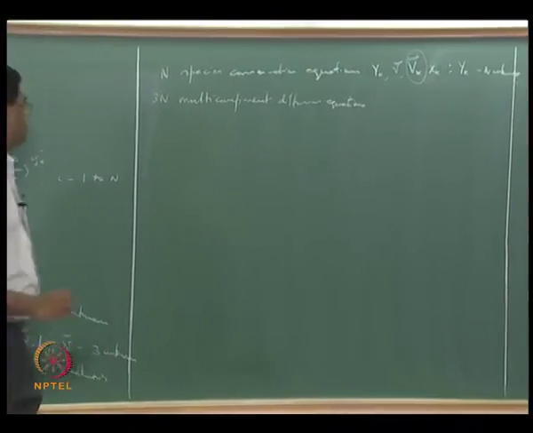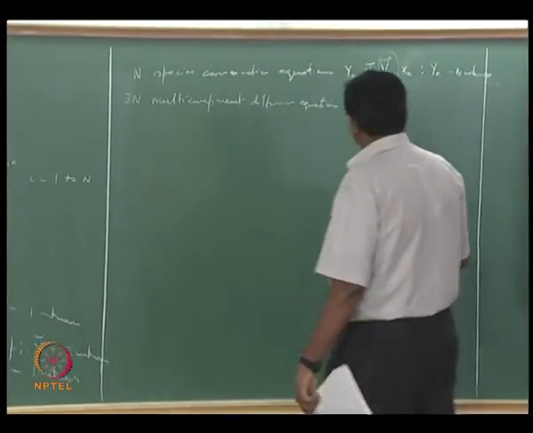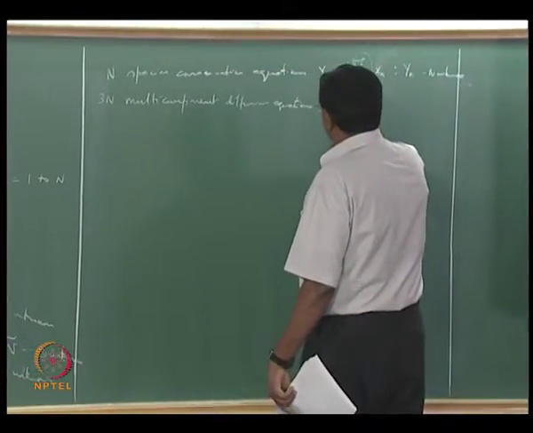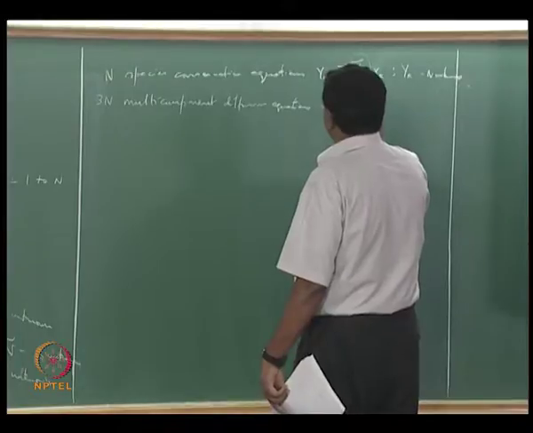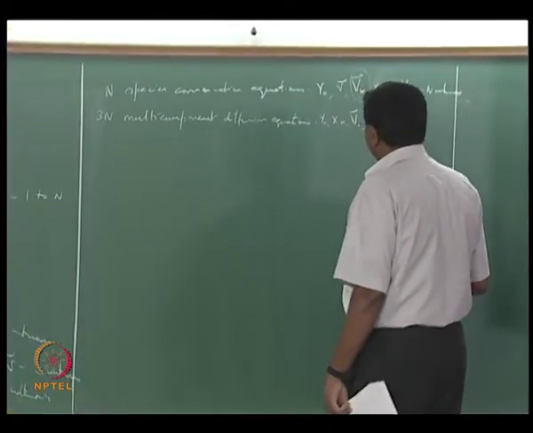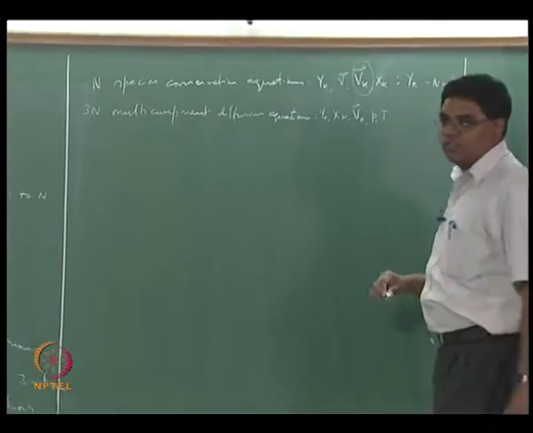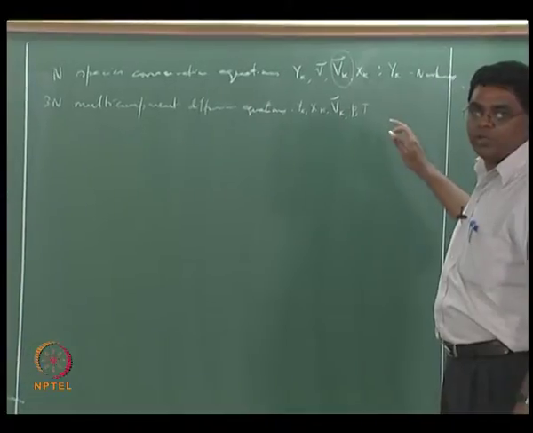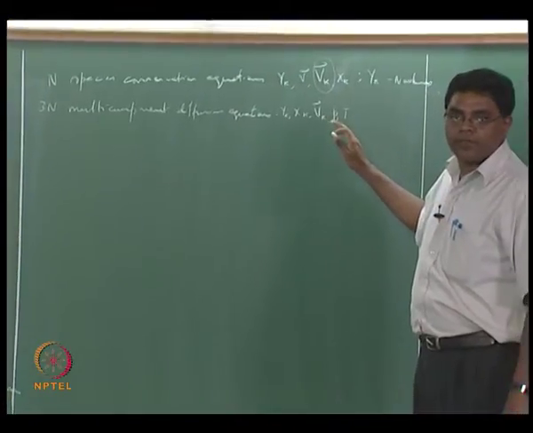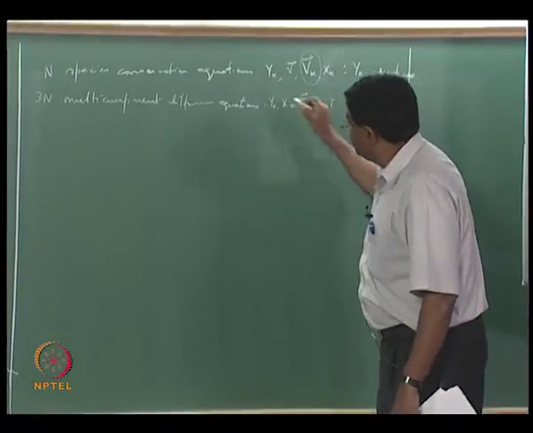So this involves yk, xk, capital Vk, and then we also had p, t, all those things that have been counted so far.